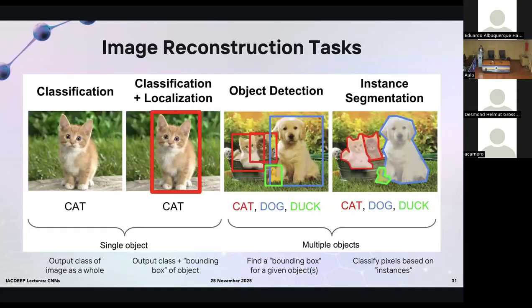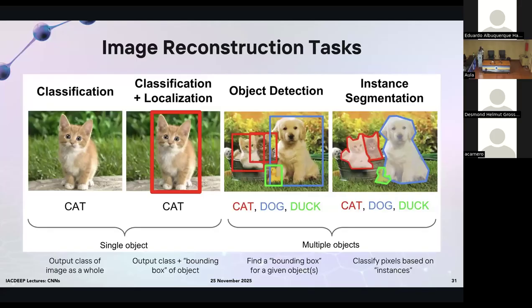For classification, this is the main task that we were talking about. But what if I want to know exactly where that class is located in the image? Then I have to have some sort of localization. I'm finding a box where that class is located within the image. In object detection, I'm doing both of those at the same time.